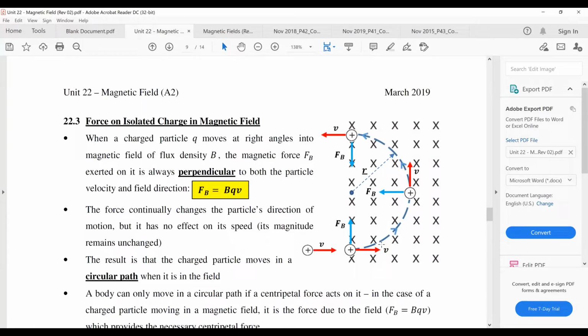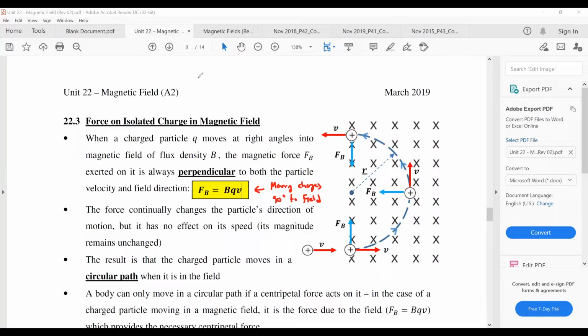If I'm interested to know what is the magnetic force acting on the moving charge, the magnetic force is actually given by this equation: Fb equals BQV. This one is for moving charges at 90 degrees to the field.